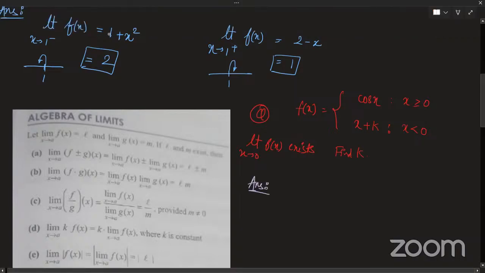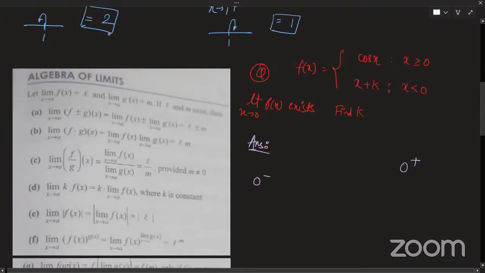If it is existing, that means at 0 minus and 0 plus, it should be the same. So can we first find it at 0 minus? At 0 minus, which of these will it follow, x plus k or cos x? It will follow x plus k.